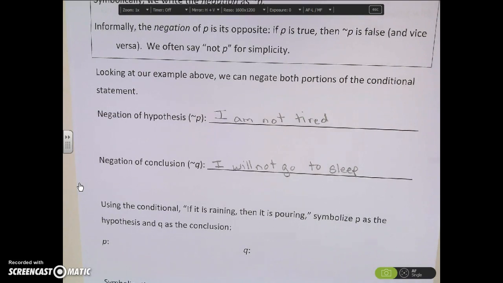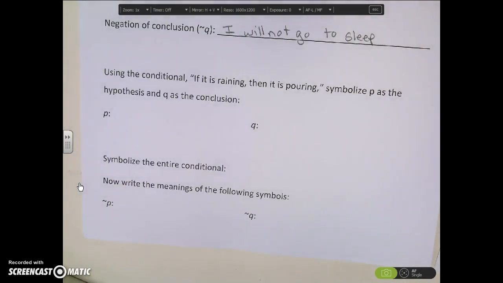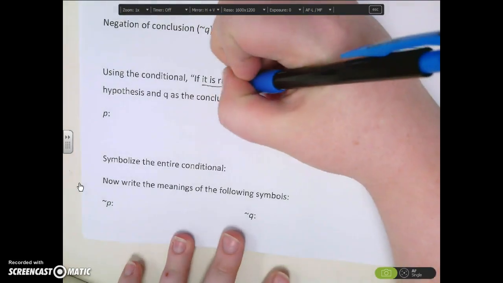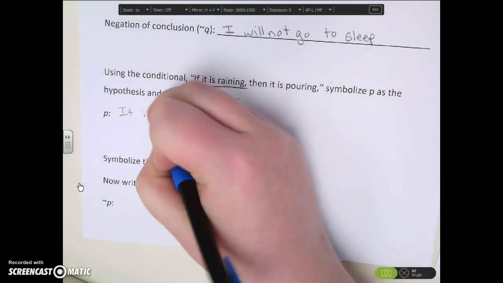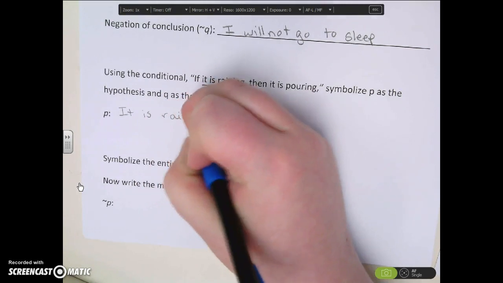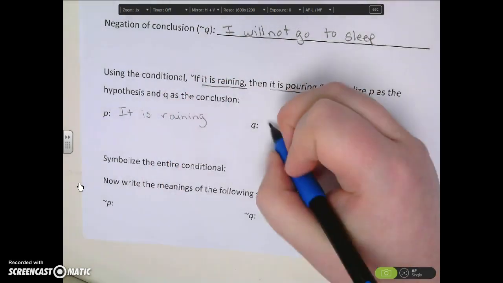Now I'm going to look at the conditional: if it is raining, then it is pouring, and symbolize P as the hypothesis and Q as the conclusion. Clearly, it is raining is my hypothesis, and it is pouring is my conclusion.